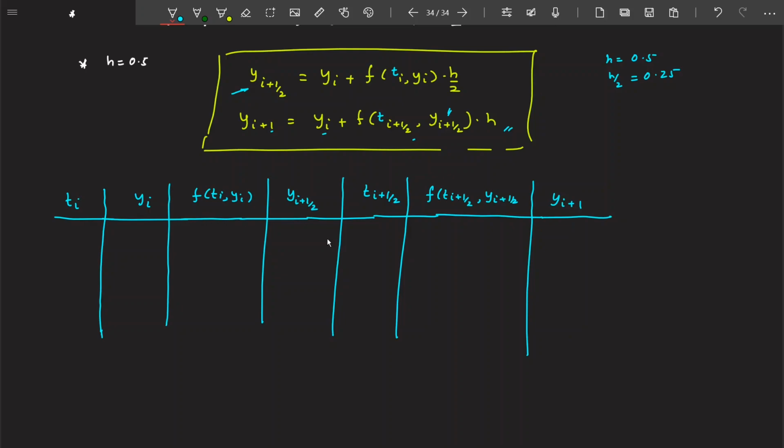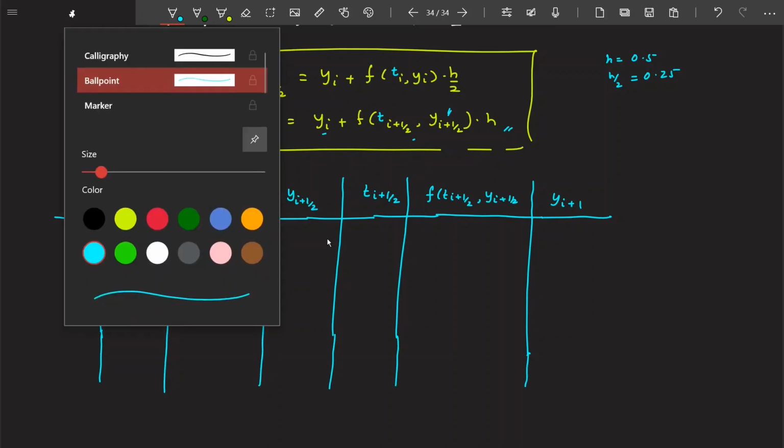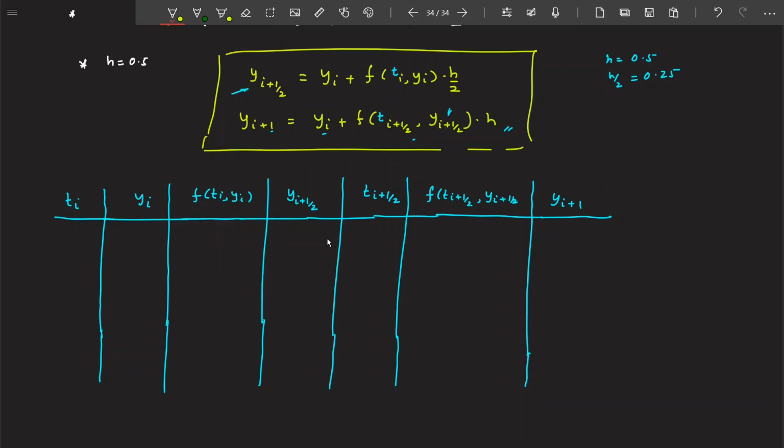And then when you substitute everything in this equation, you will get the final answer. So based on the formula, you'll realize what is the requirement of our table. So let us write down the first column from 0 to 2. This is going to be 0. For the next point, you're going to add 0.5, that is h.